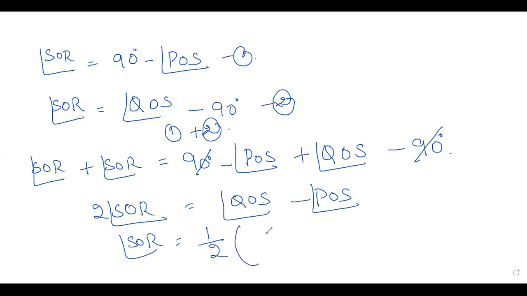See, here we have 2 terms, use a bracket, children, QOS minus POS. So this is your solution. You have to prove SOR is equal to half of QOS minus POS.